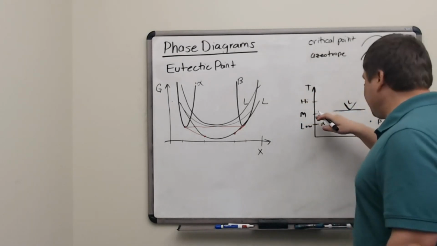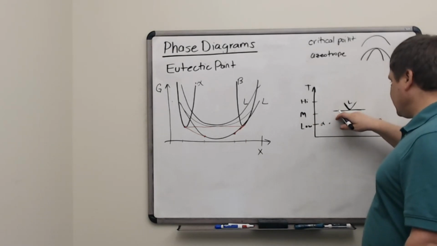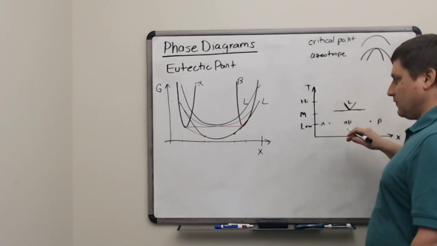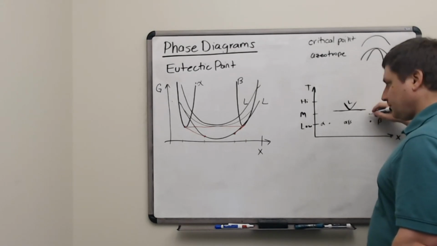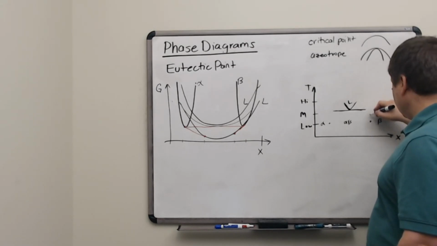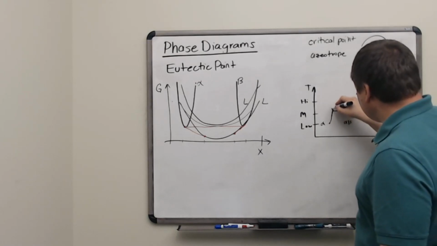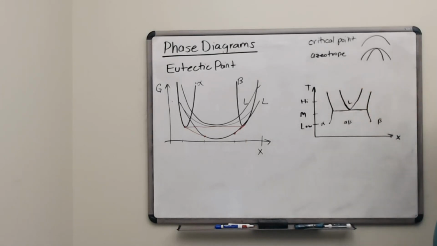Because at this one temperature, below this temperature, there's a distinction: alpha and beta is the crystal, and above this temperature, suddenly there's some liquid. So there's a distinction here between these. And what we get is a shape that basically looks like this.